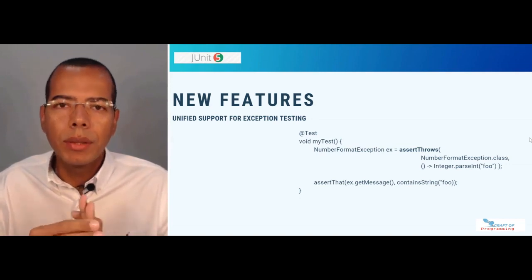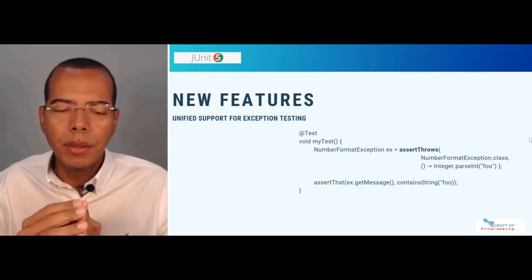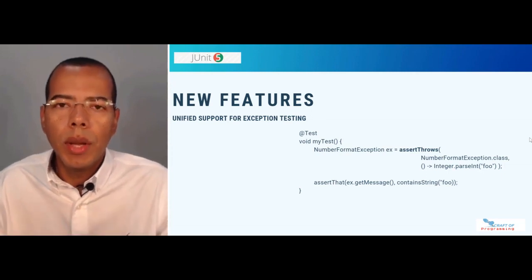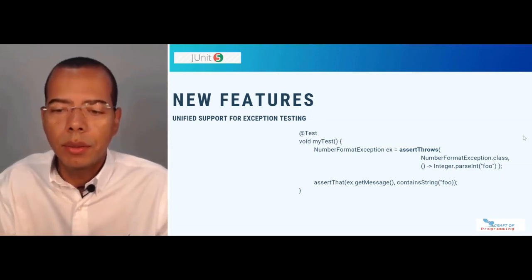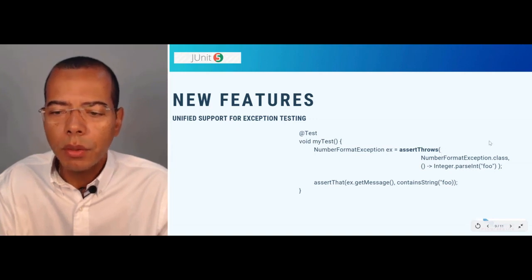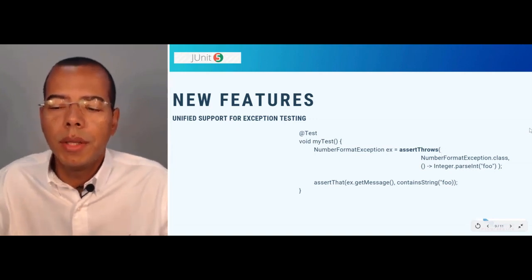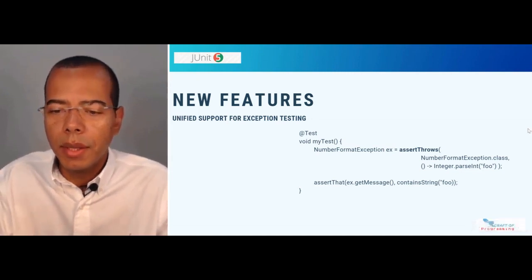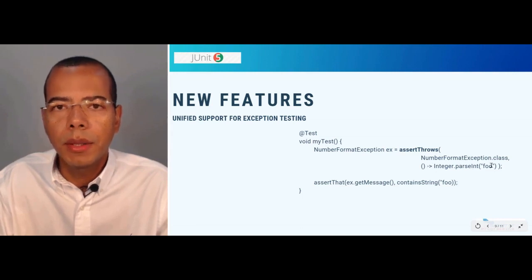These 3 ways of doing exception testing were unified into a single way, and that's how JUnit 5 now tests exceptions. You have assertThrows, a call here. The first argument is the exception that you are expecting to be thrown, and the second argument to assertThrows is effectively the test body.